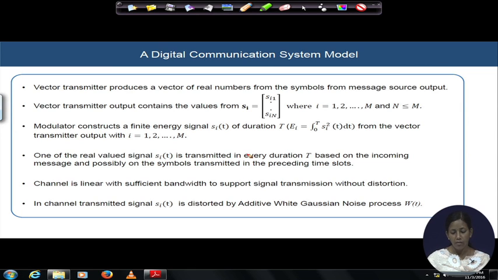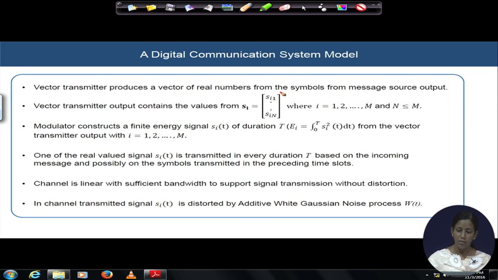One of these real valued signals, constituted by a linear combination of these vectors, will be transmitted over the duration of capital T over the air. Which one will be transmitted is based on the incoming message, and it also depends on the message transmitted in the last time duration.